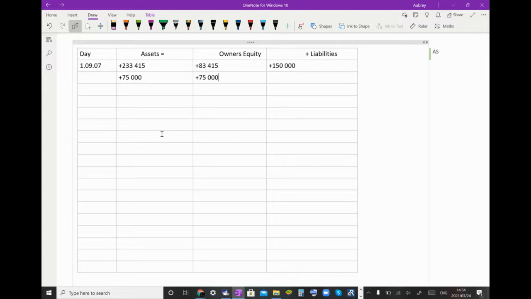So this is the 5th of September, 07. Okay. And what did we say in trading inventory, which we know is an asset? So that's a plus.